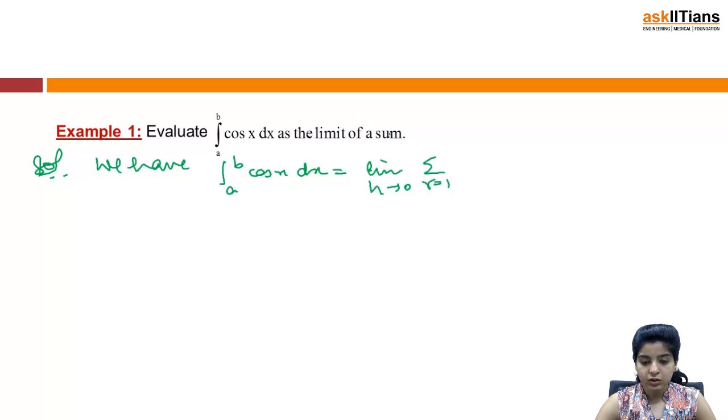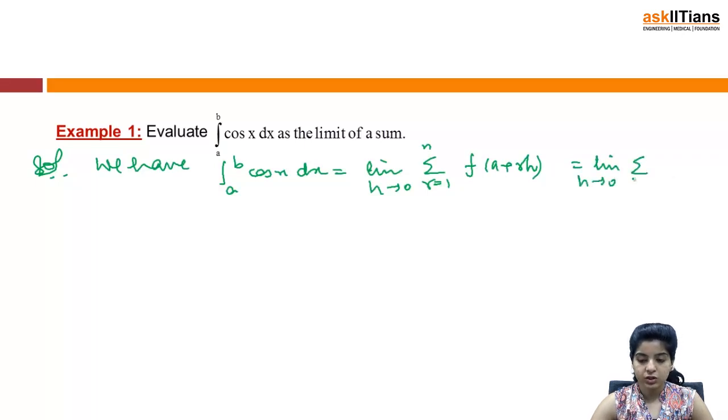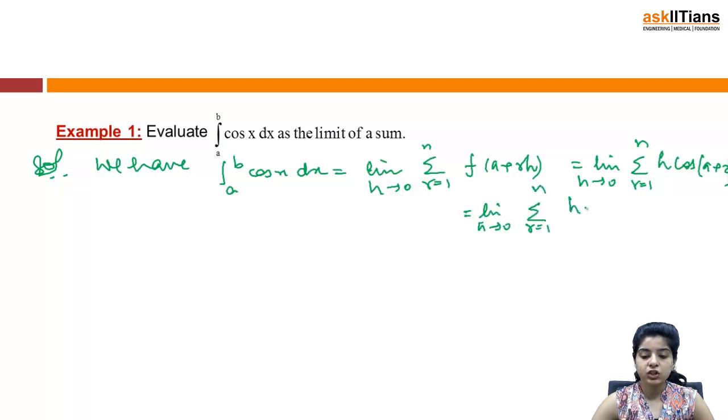So limit h tends to 0 summation r going 1 to n f of a plus rh, which will be equal to limit h tends to 0 summation r going 1 to n h times cos of a plus rh, right?